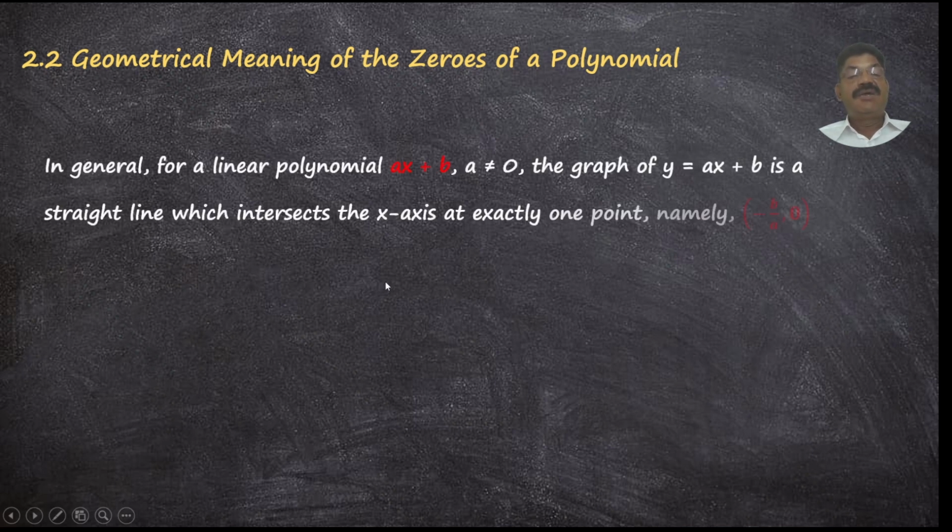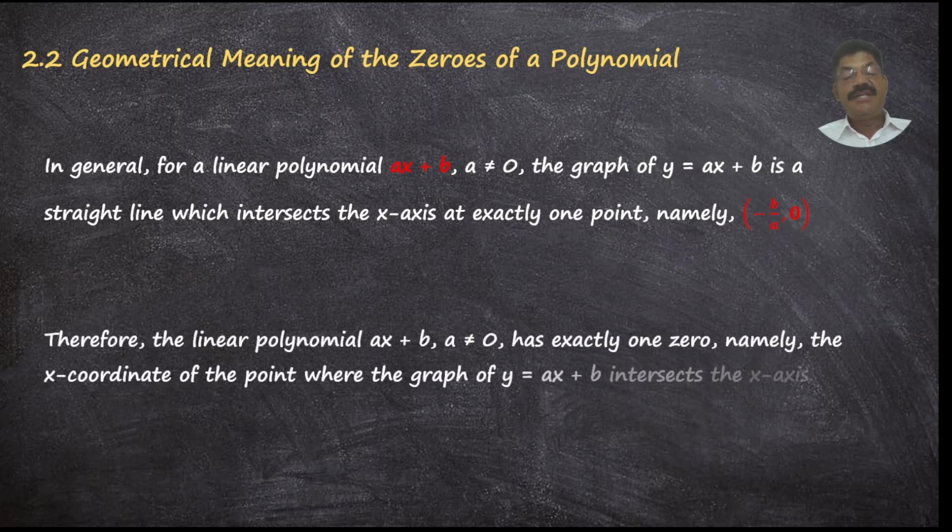In general, for a linear polynomial ax plus b, where a not equal to 0, the graph y is equal to ax plus b is a straight line which intersects the x-axis at exactly one point, namely minus b by a, 0. Therefore, the linear polynomial ax plus b has exactly one 0, namely the x-coordinate of the point where the graph y is equal to ax plus b intersects the x-axis.